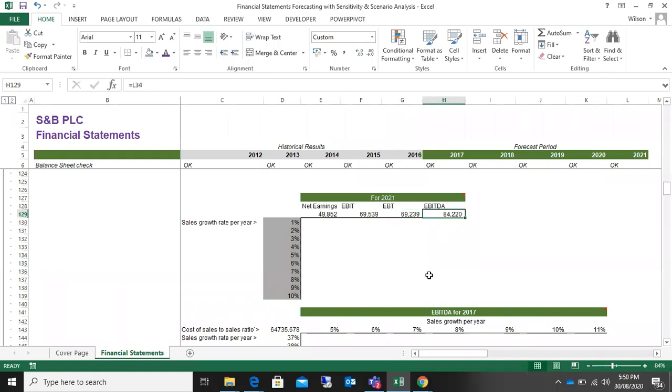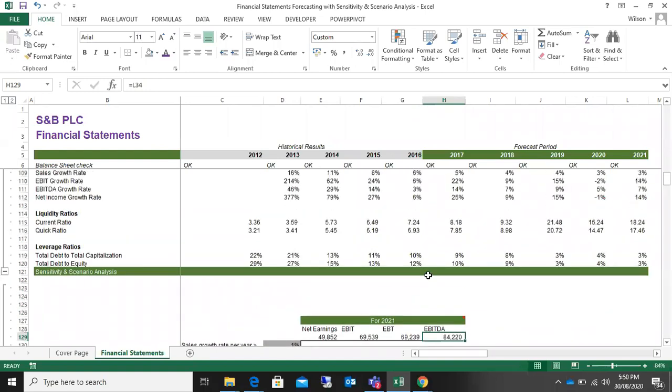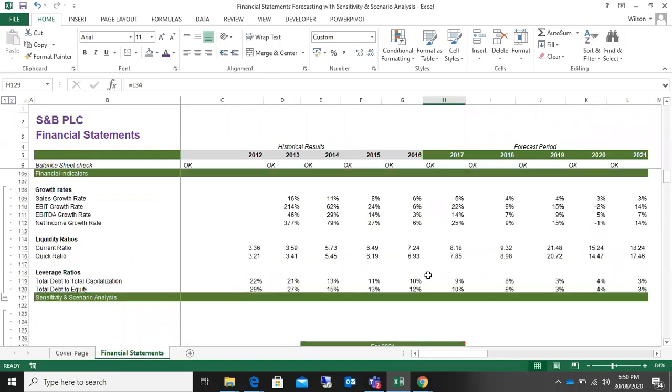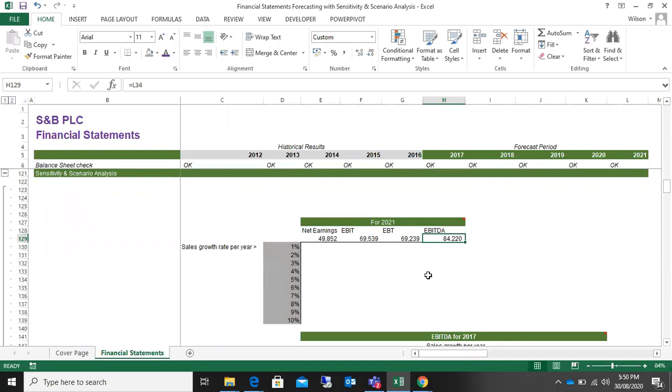Now, let me give you a scenario. Assuming you are the financial analyst of S&B PLC, and your CFO asks you, Wale, can you please give us a sensitivity analysis? Your CFO tells you, we are projecting that for 2021, we're looking at different growth rates between the range of 1 to 10%, right?